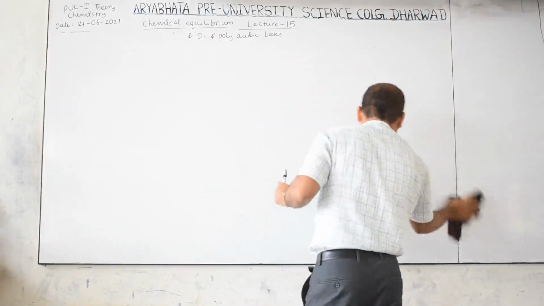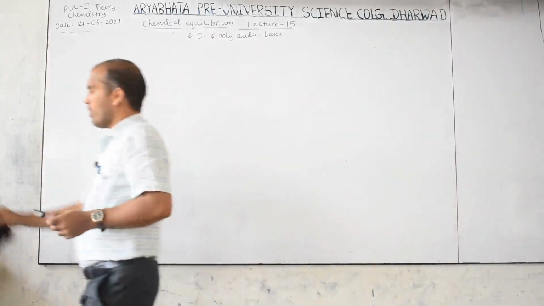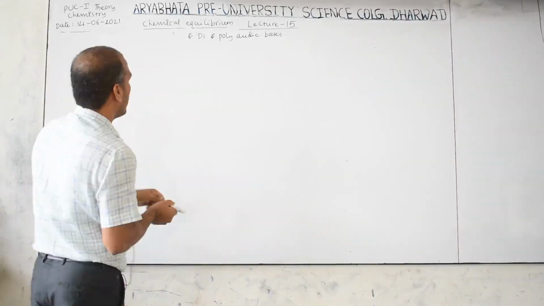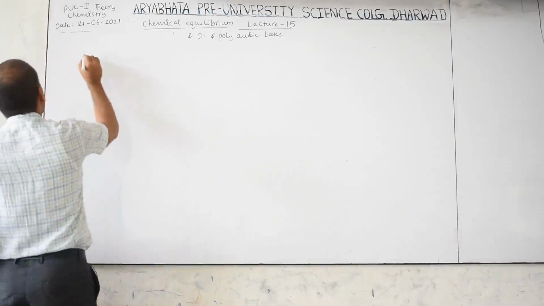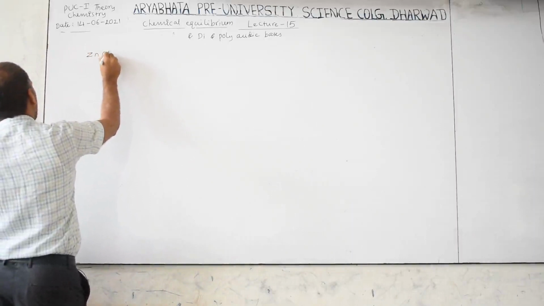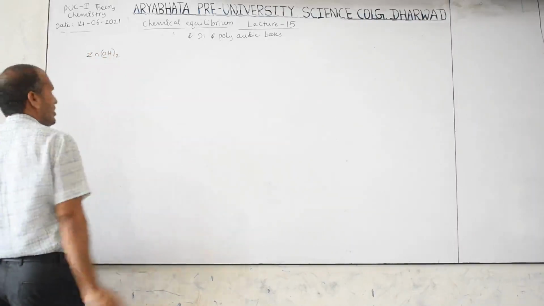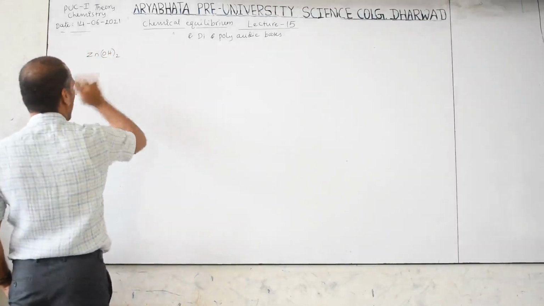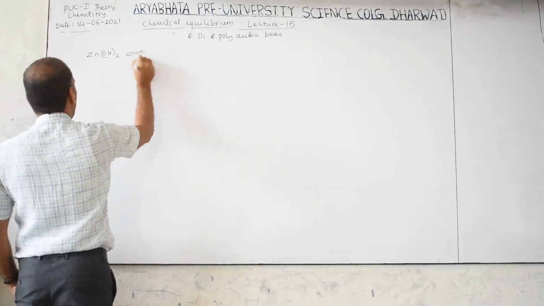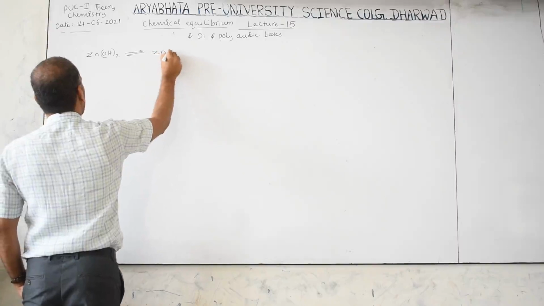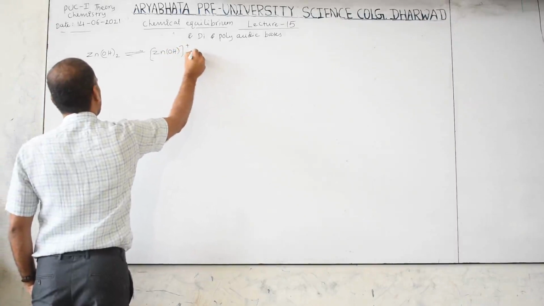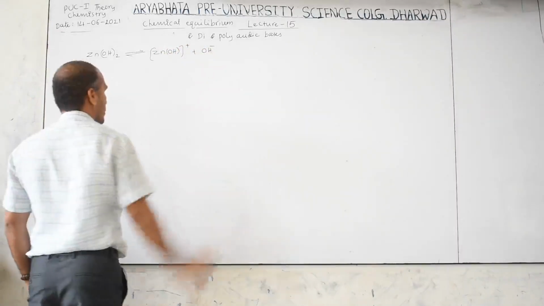Now di and poly bases, acidic bases. For example, zinc hydroxide is a diacidic base. Then this will be ionized into Zn OH plus and OH minus.